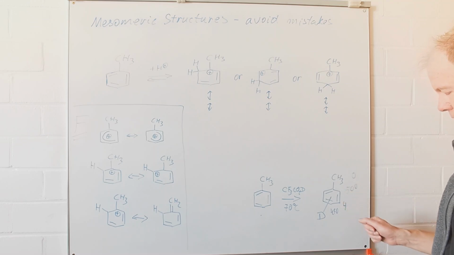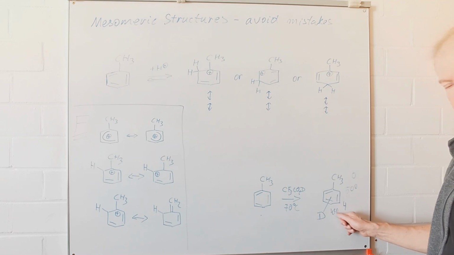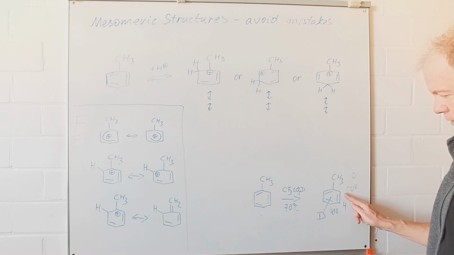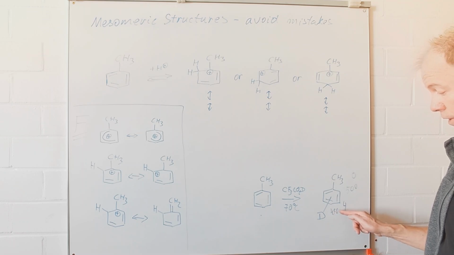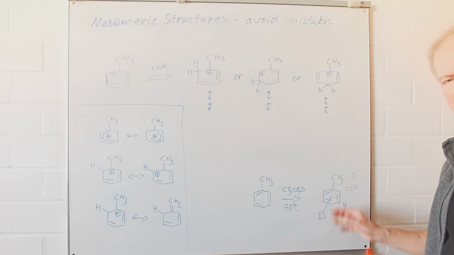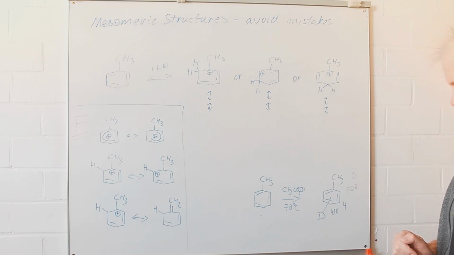The ratio at the other positions is 500 to 4 to 450. Please keep in mind, for the 500 we have two ortho positions, but for the 450 we had only one para position. So the para position is slightly preferred compared to the ortho position.